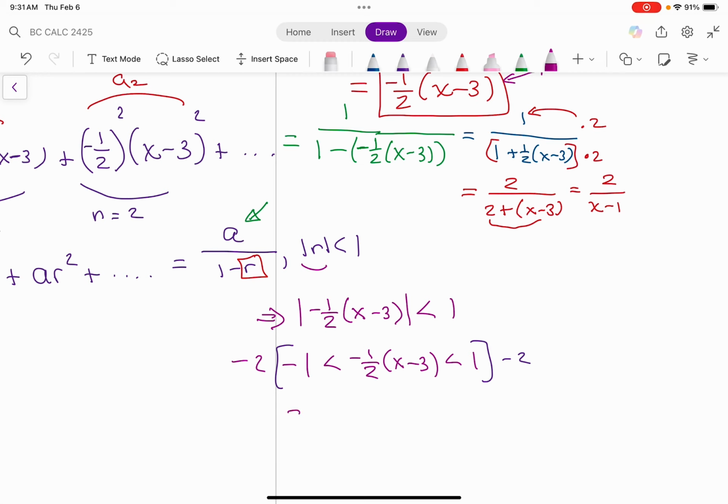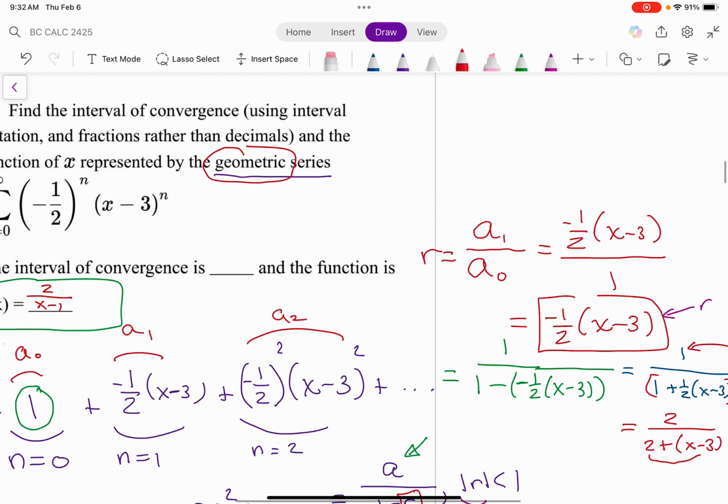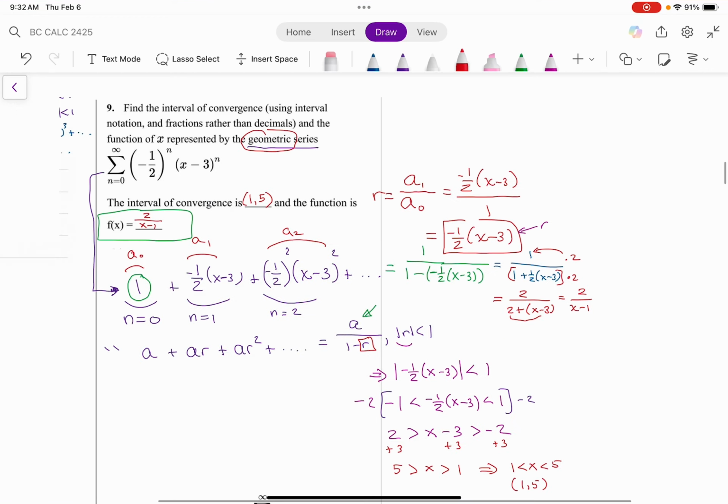Then this becomes a 2. Now I multiply by a negative, so I have to switch the direction of the inequalities. And then add 3 to everything, which is probably more recognizable, which in interval notation we write like this.